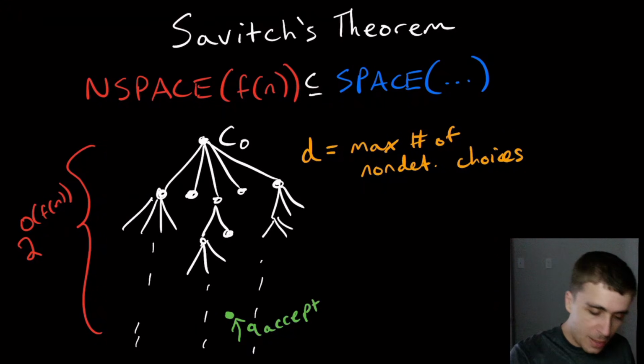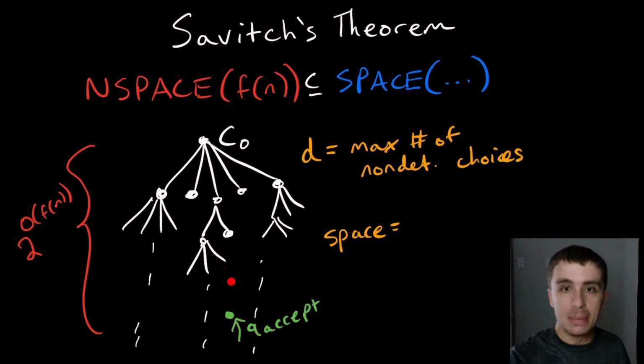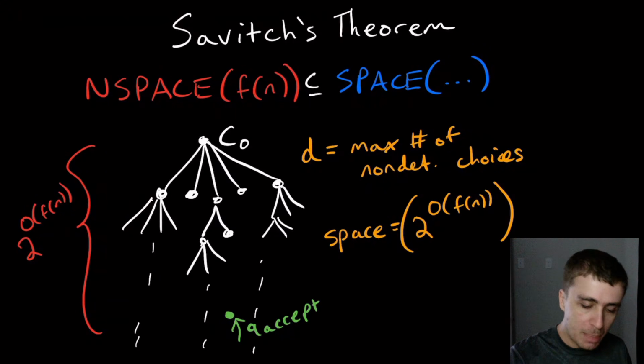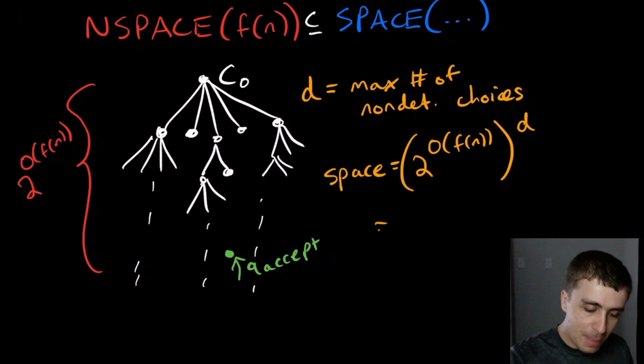Then the amount of space used in the whole thing is going to be d times d times d all the way down this deep. So that means I'm going to have 2 to the big O of f of n, and then the whole thing to the power of d, which seems like a lot, but it turns out to be not horrible. It's 2 to the d times big O of f of n.